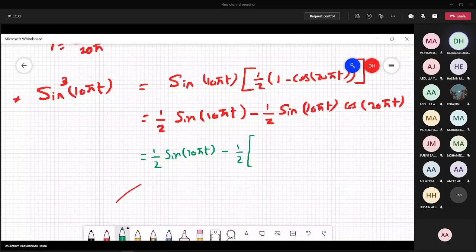It is again half, sine subtraction, so 10 minus 20, so minus 10 pi t, plus sine addition, which is 30 pi t.